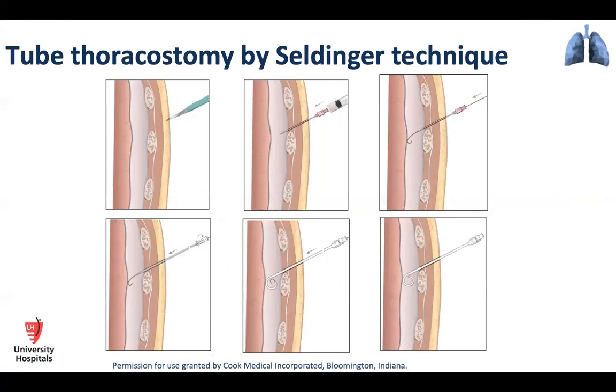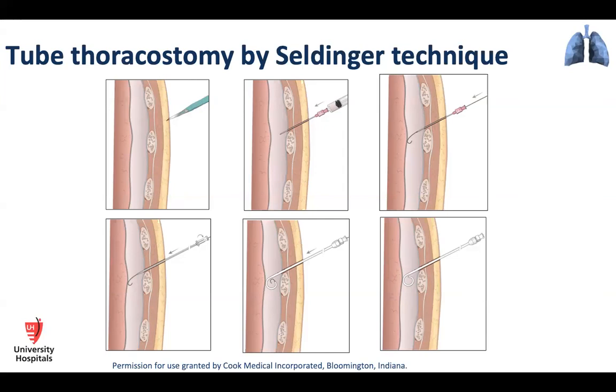Then there is the second chest tube technique, the Seldinger technique, where we basically make an incision similar to a thoracentesis. You want to put in a tube over the rib. After aspirating air, put in a guide wire, dilate. This tube is slightly not in favor for placement in the triangle of safety.